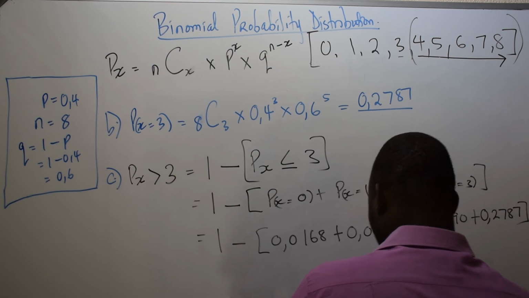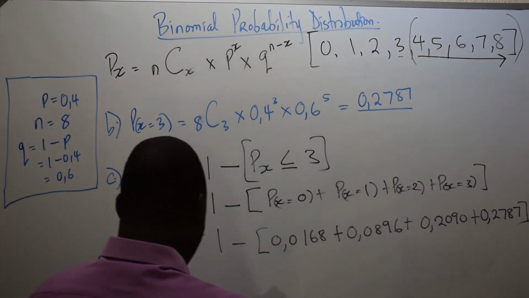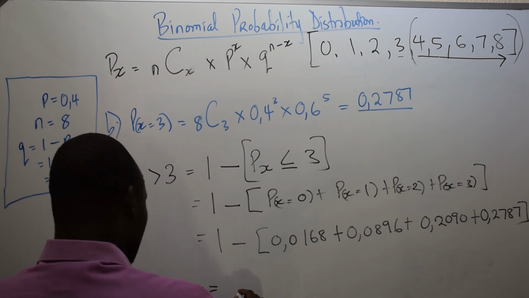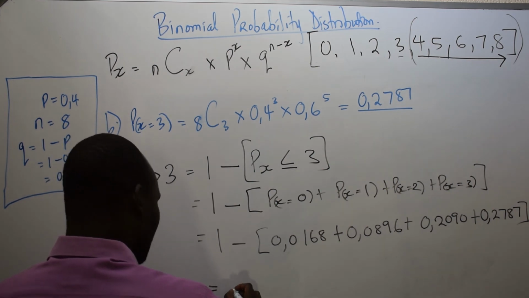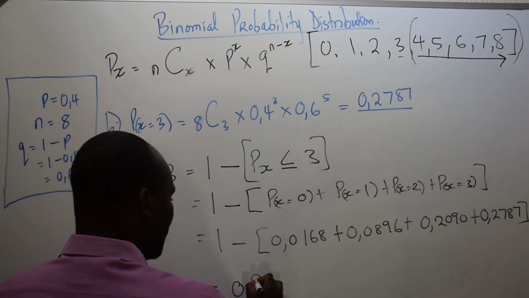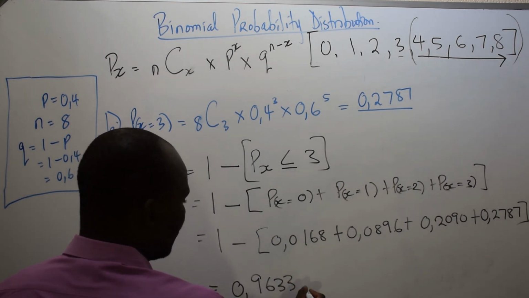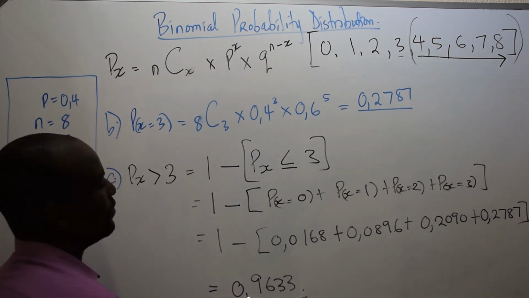Now we're going to add all these probabilities up, and they are going to give us from 1, 0.9633. That is our final answer that we should get.